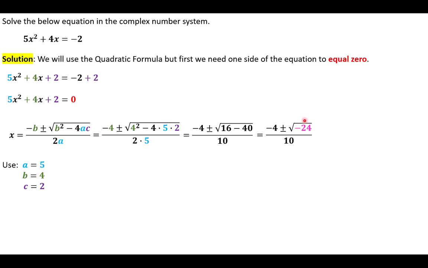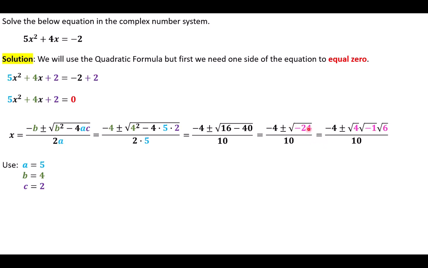The square root of negative 24 is not a real number. This equation does not have real number solutions, but it does have complex number solutions, which we can obtain by simplifying this square root, like we just reviewed.